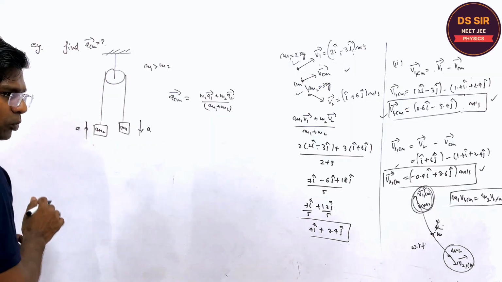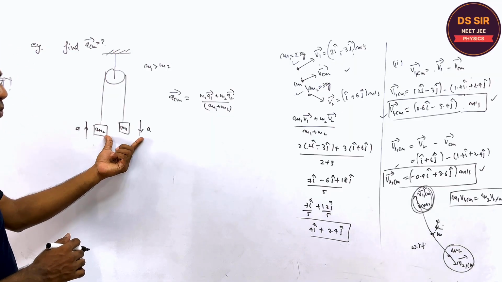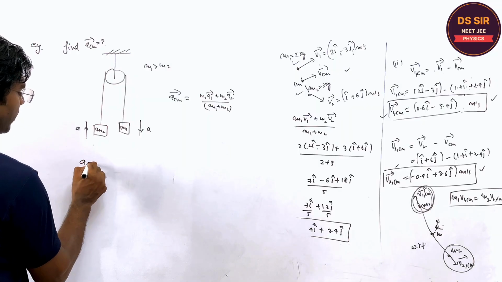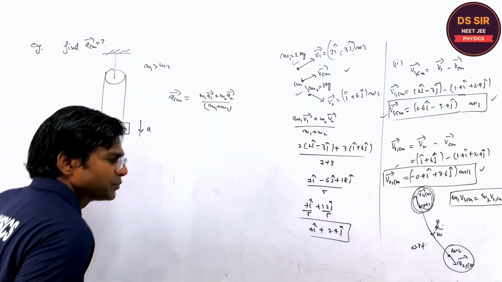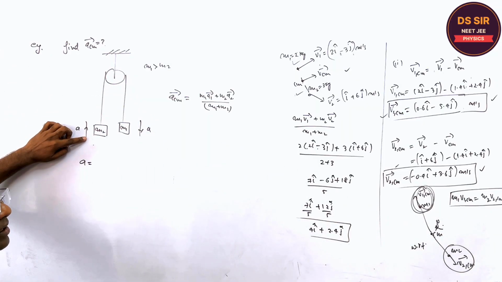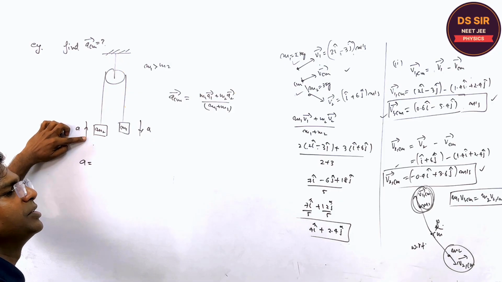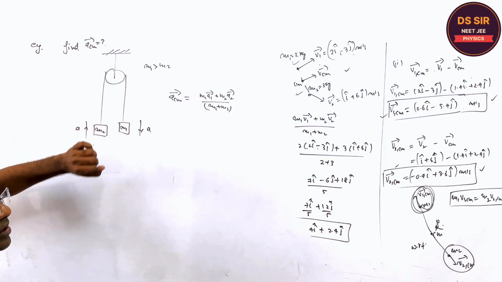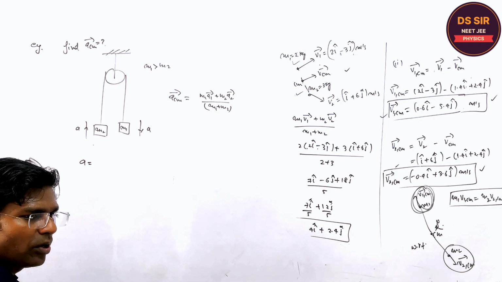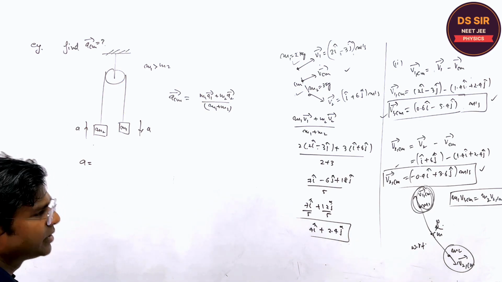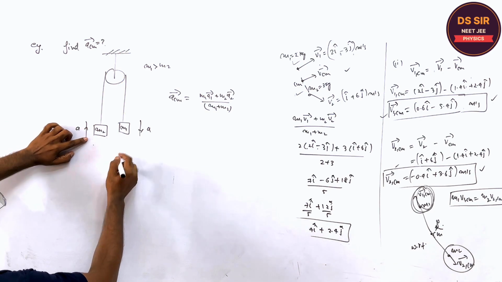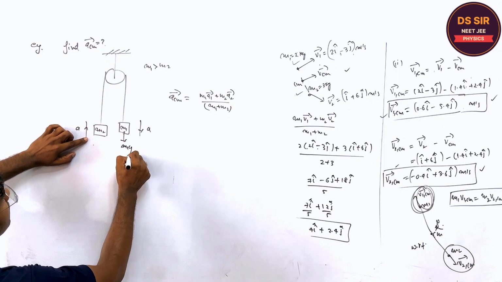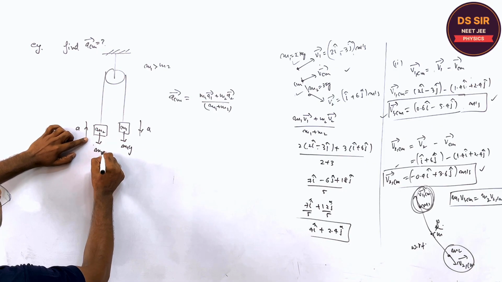So for a two mass pulley system, or Atwood machine, if M1 is greater than M2, what is the acceleration? Can you tell? Did you remember the formula directly? Any one of you, did you remember or not? Okay, listen one thing. How to find? This is M1G, this is M2G, right?